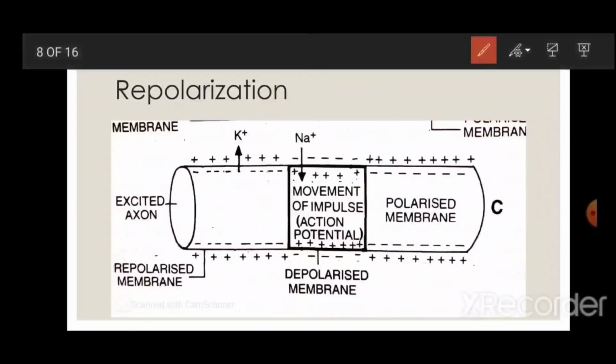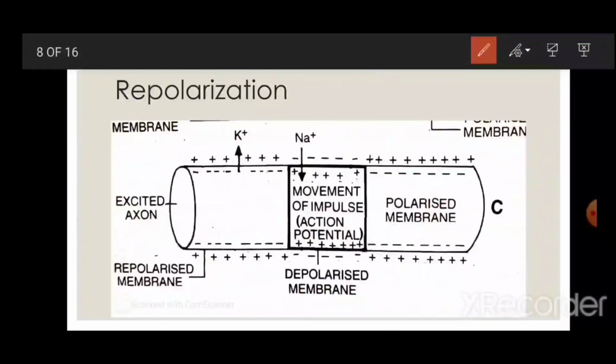So once the membrane is depolarized, meaning the potential is changed, then there is a time for repolarization, meaning the reversal of the polarity. So what happens at the point of repolarization?